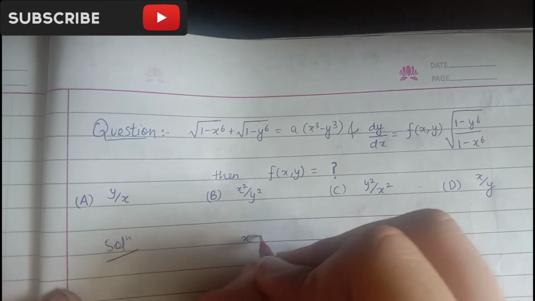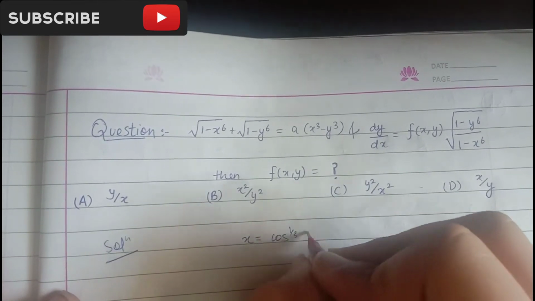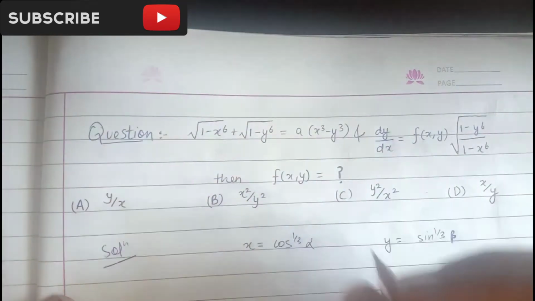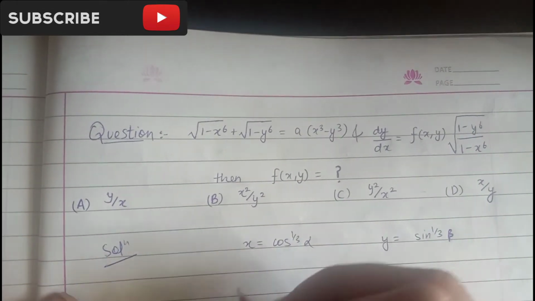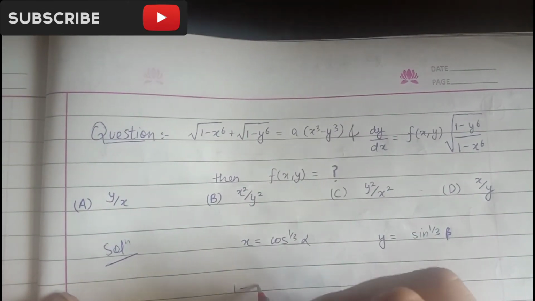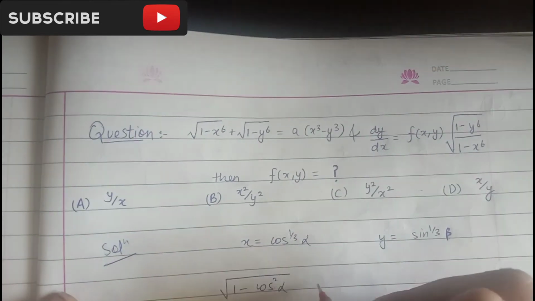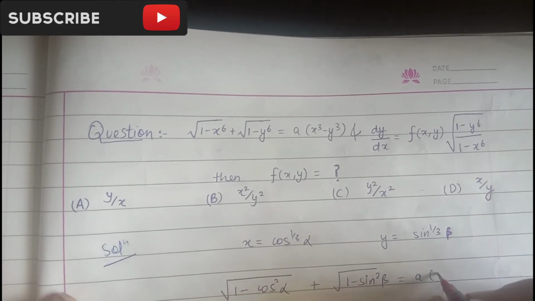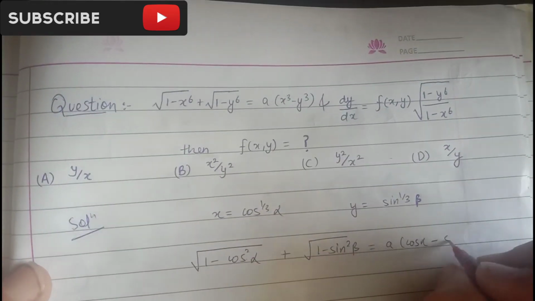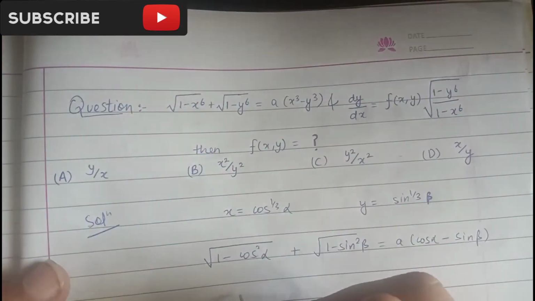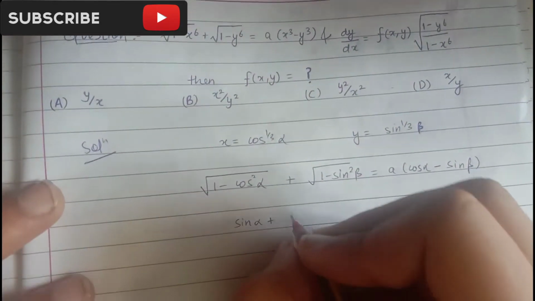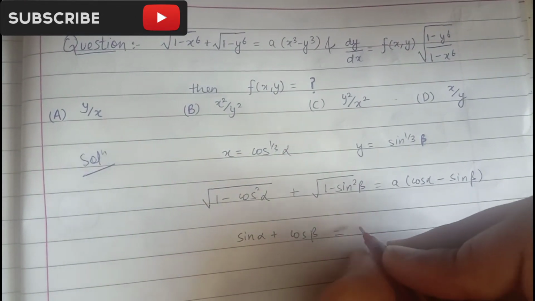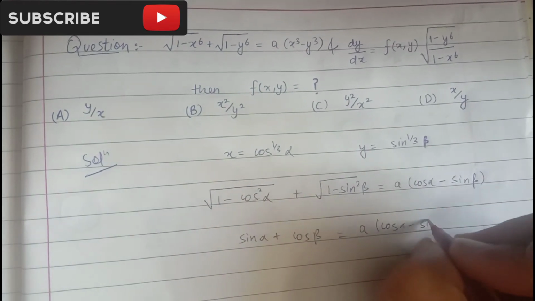If I take x as cos of 1 by 3 alpha and y as sine of 1 by 3 beta, then it will give me some simple terms in terms of cos alpha and sine beta. So let us write it. This will give me root of (1 minus cos square alpha) plus root of (1 minus sine square beta), giving me sine of alpha plus cos of beta, equals a times cos of alpha minus sine of beta.